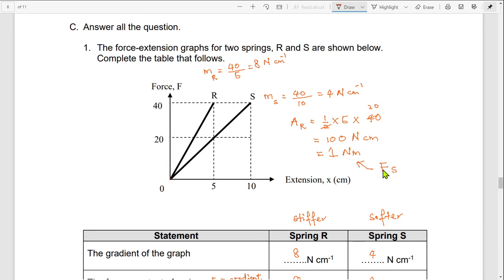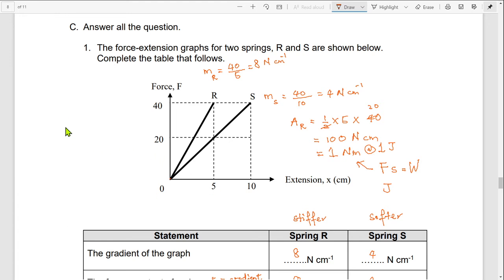So what is this F multiplied by S? This is our work. So what is the unit? Newton meter or joule. So I can also write 1 Newton meter as 1 joule. Okay, that is the work done for R when the spring is extended by 5 centimeter.